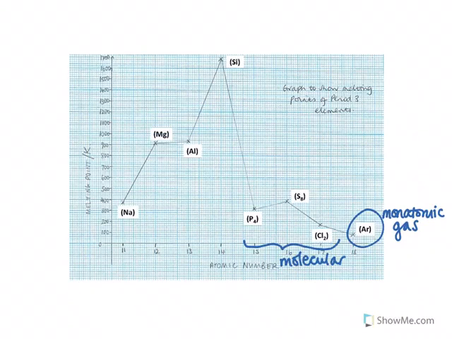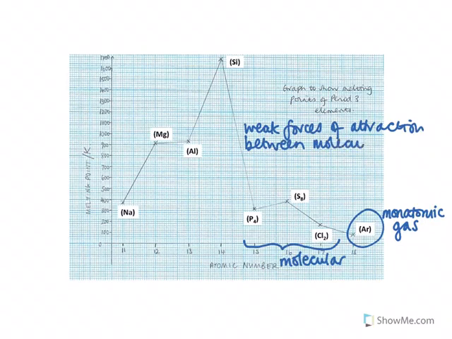But in each of these cases, what dictates the melting point is the strength of the intermolecular forces of attraction, or indeed interatomic forces of attraction if we're talking about the argon. So in these examples, weak forces of attraction between molecules, or if it was argon, just the atoms, require little energy to be broken.